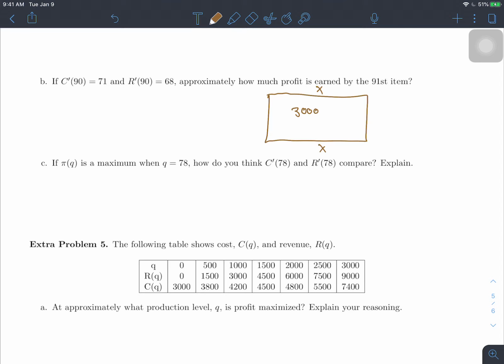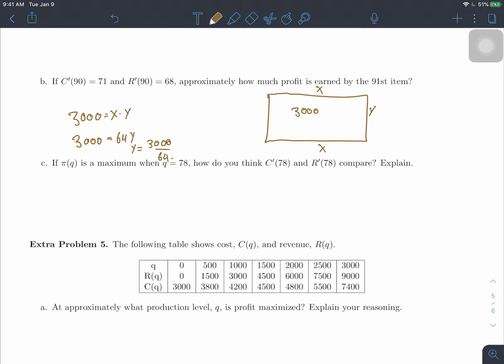And if this is your height here, or width or whatever, then you know that 3,000 equals x times y. So if I decide how long x is, say I decide x is 64, then 3,000 equals 64y, and then I can solve for y. Does that make sense? Yeah.